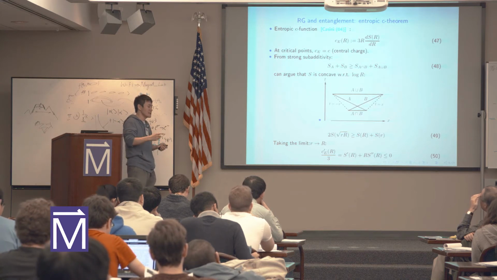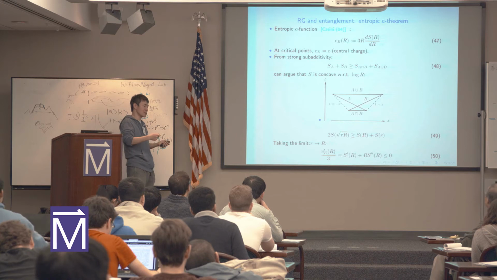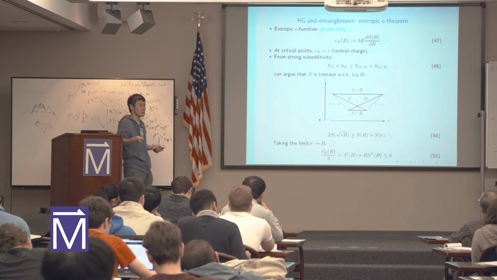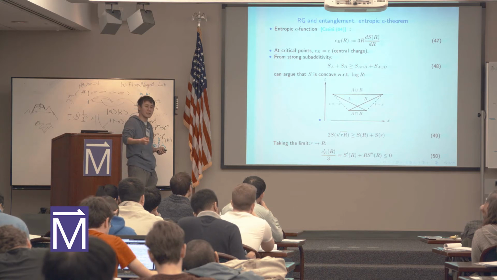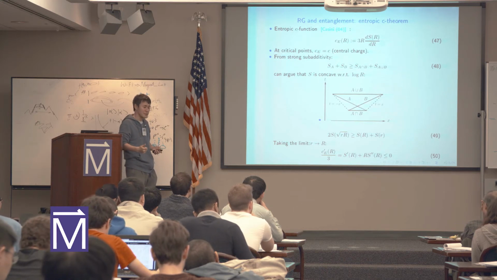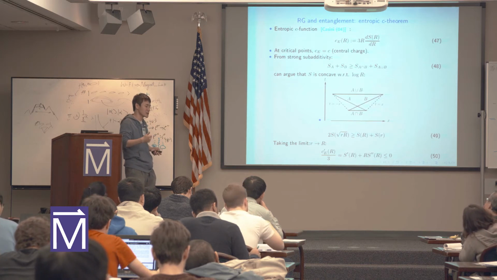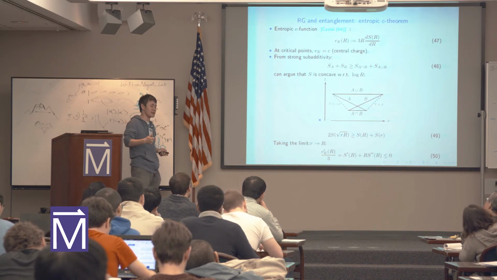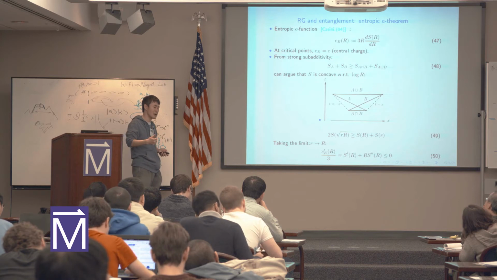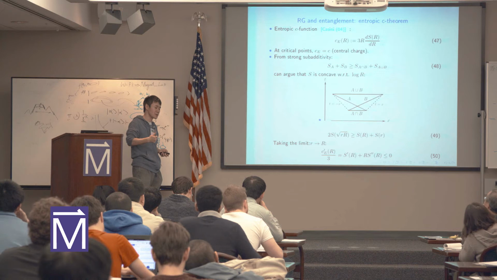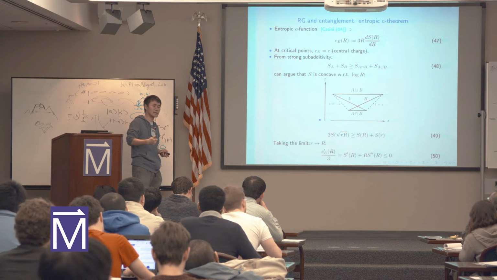So in some sense, you may be able to use the C function as an alternative to the central charge if you are not exactly at the critical point. Point two, this C function satisfies a very convenient property: it monotonically decreases under renormalization group flow.